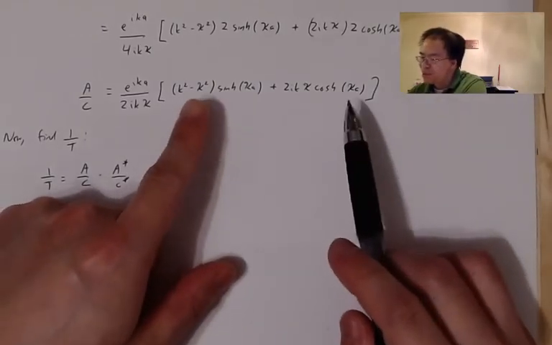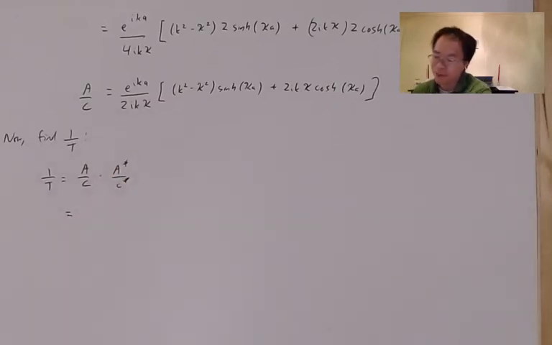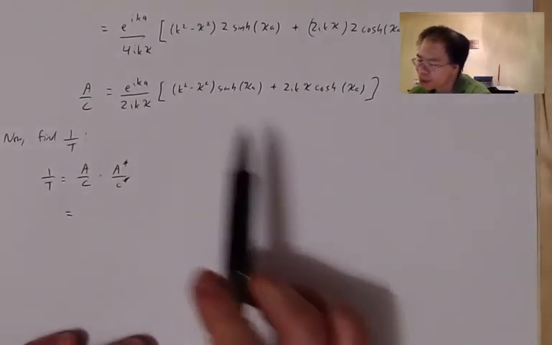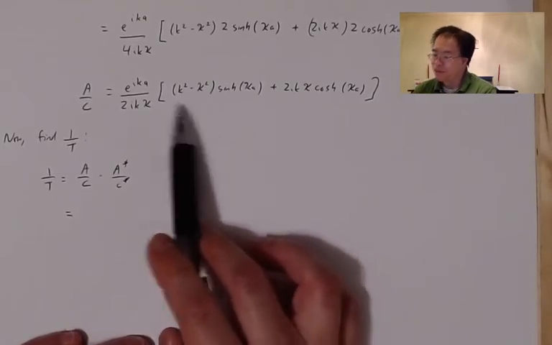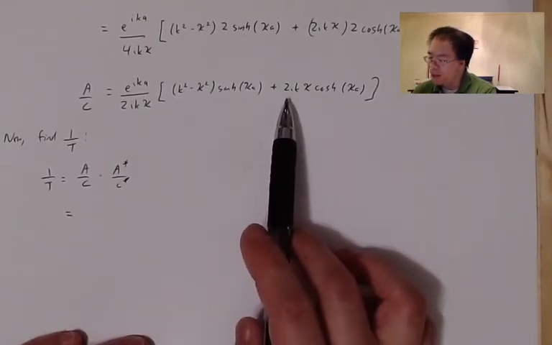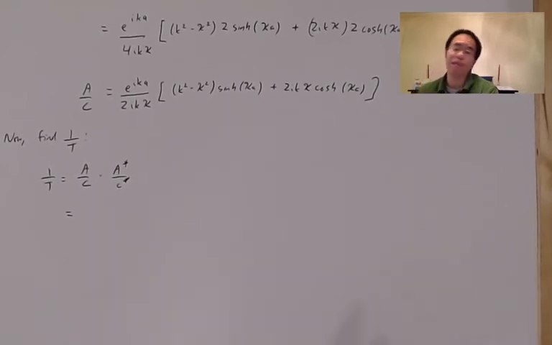The messier thing is multiplying this square bracket thing by its complex conjugate. But notice that this is a real number, right? And then this is i times 2k kappa cosh kappa a, which is also a real number. So this is really quite literally a plus bi times a minus bi.